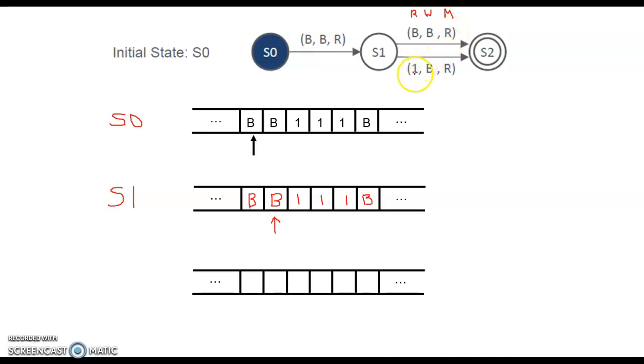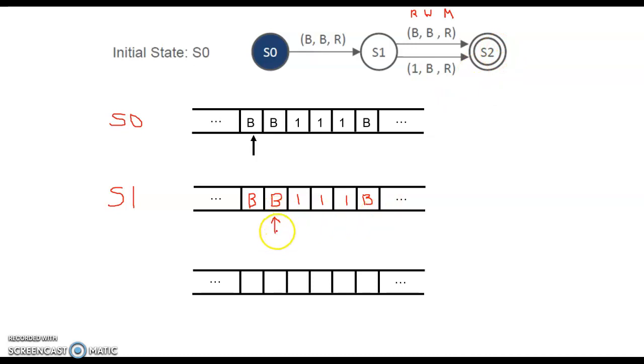If we read a 1, we're going to write a B in that position, and then we're going to move the tape head to the right. And both of these instructions, when we carry out this instruction, we're going to transition from state 1 to our terminating state, which is state 2, which is indicated by a double circle.